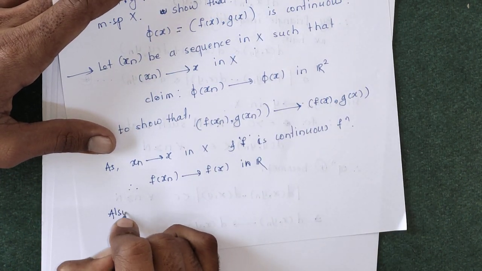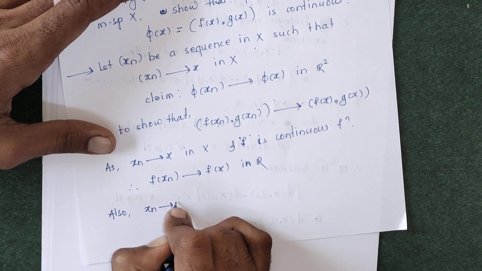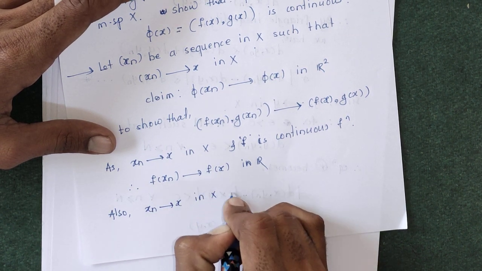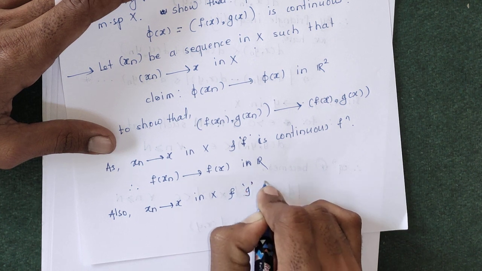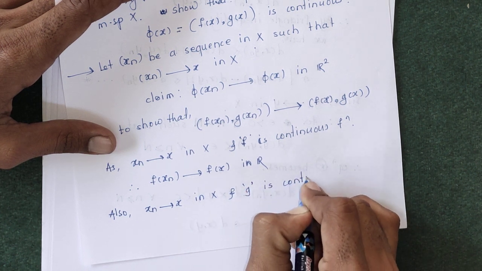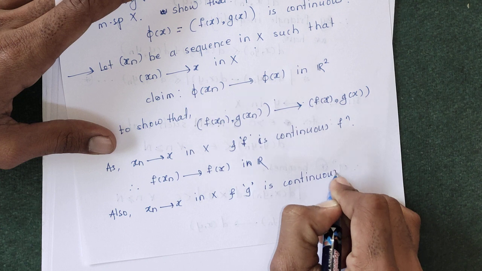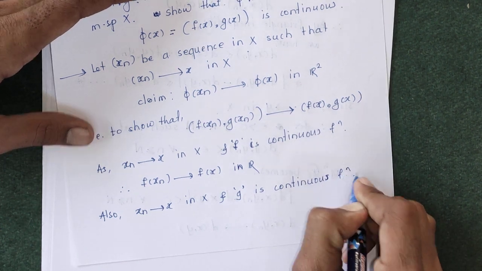Also, xn converges to x in X and g is a continuous function.